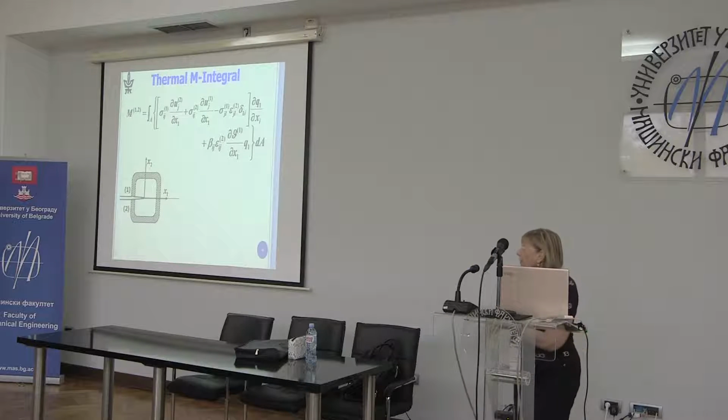And so we came up with an M integral for thermal residual stresses, and you add this term. Beta relates to the coefficient of thermal expansion and the mechanical properties. Epsilon are just the strains.